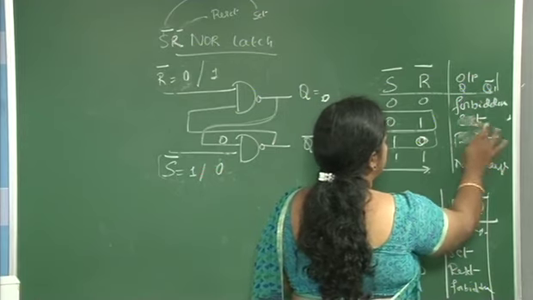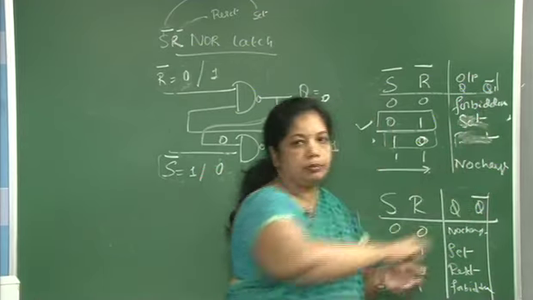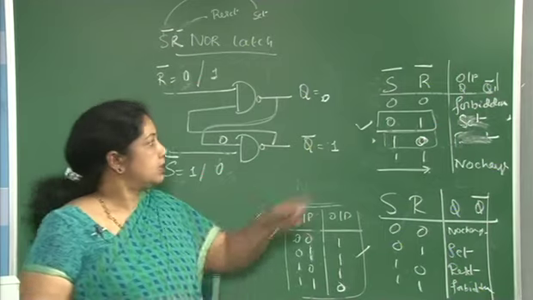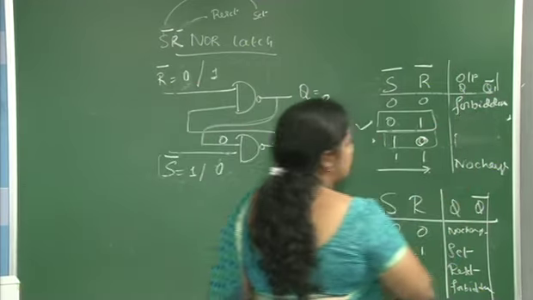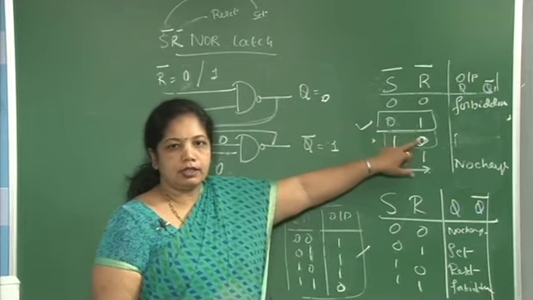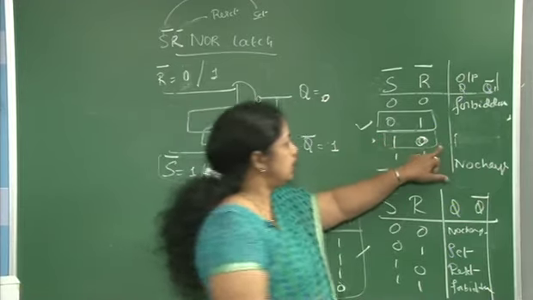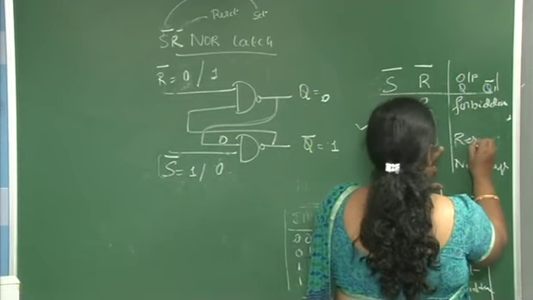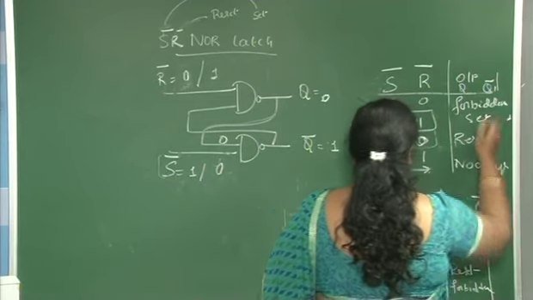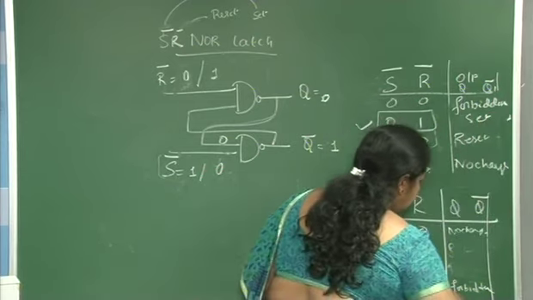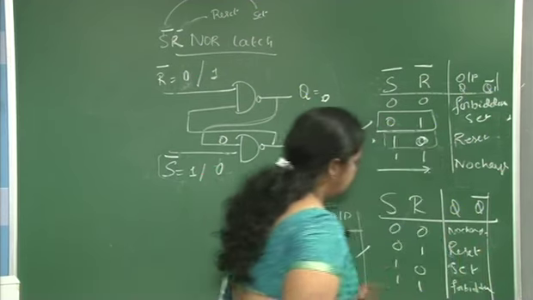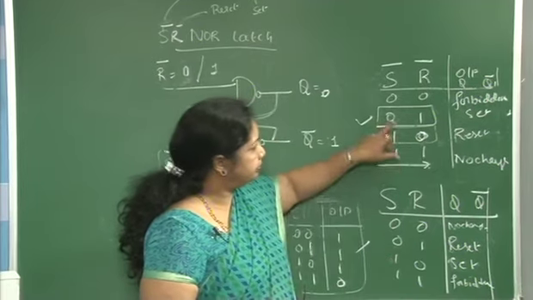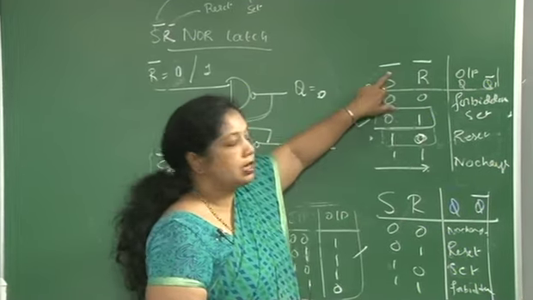If S is 1 and R is 0, it is in reset condition and the other is set condition. You can just see the reverse, since I am using complemented inputs here.